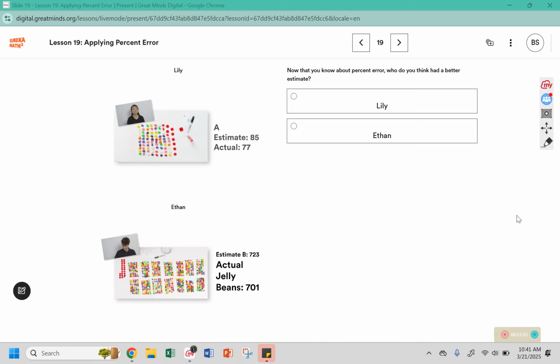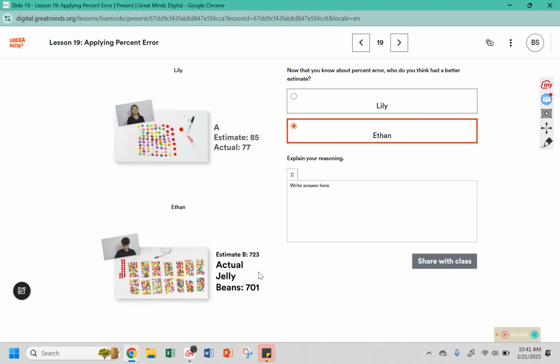Now let's revisit Lily and Ethan. Now that you know about percent error, who do you think had a better estimate? I think Ethan had a better estimate because he had more jelly beans and he wasn't too far away.